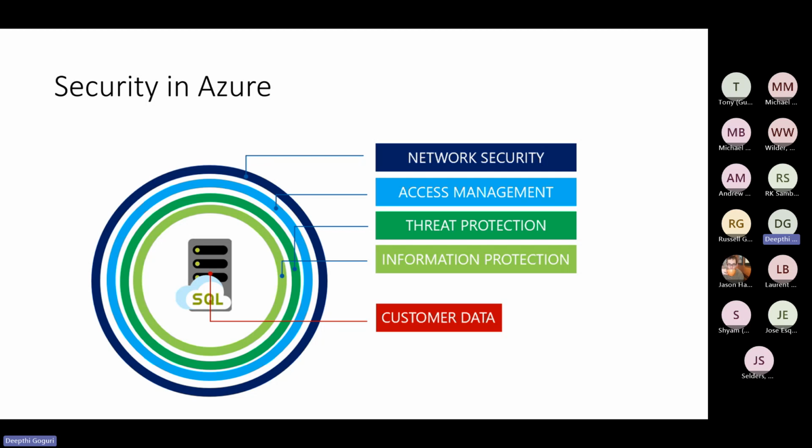And as you go deeper down, you have other layers of security: access management, threat protection, information protection. Any person who wants to enter and see the data, an unauthorized person, has to break all of these layers, which is tough.